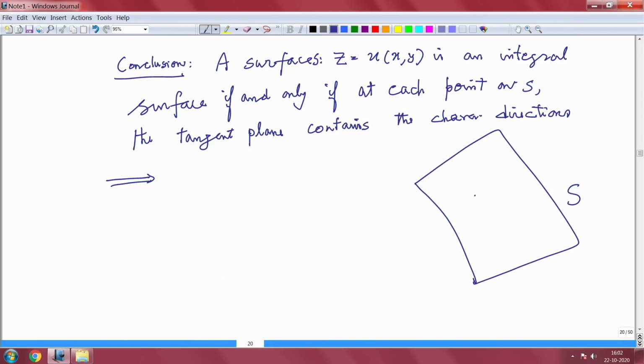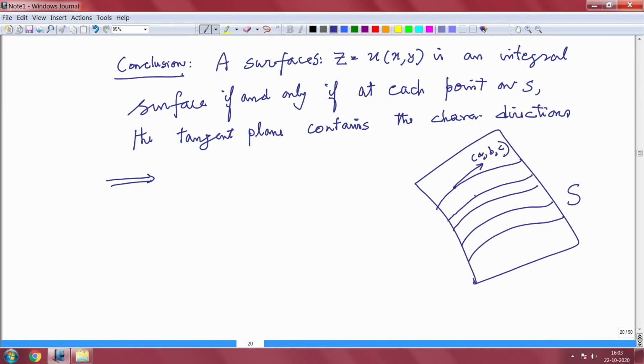My plane is divided into characteristic curves. I am going to divide my S into characteristic curves. I want to divide my characteristic surface into curves in such a way that at each point my ABC is tangential.